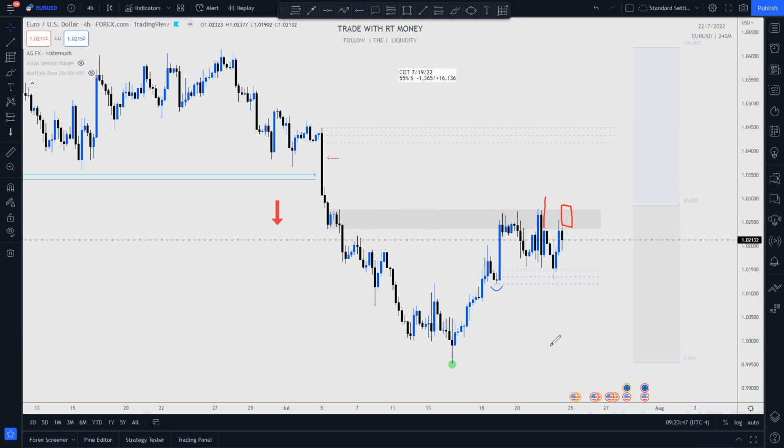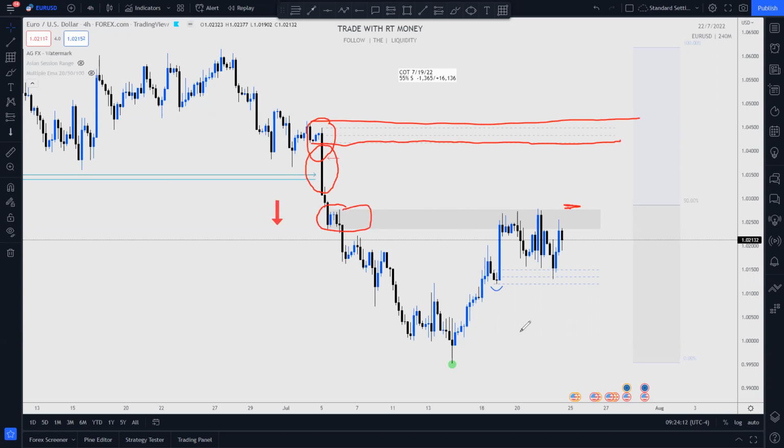I need to see a break and close above that. Once it does that, I know that price is going to fill this fair value gap, this imbalance, and touch up here at this supply. We're heading that way if I get a break and close of a body above.